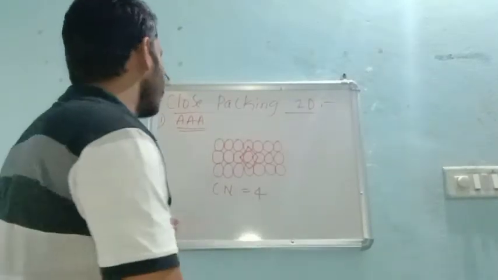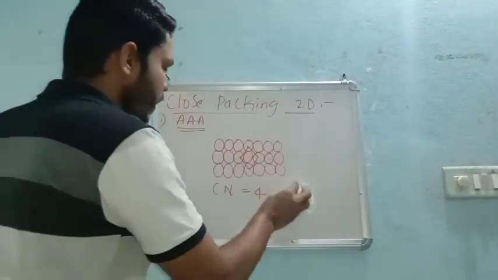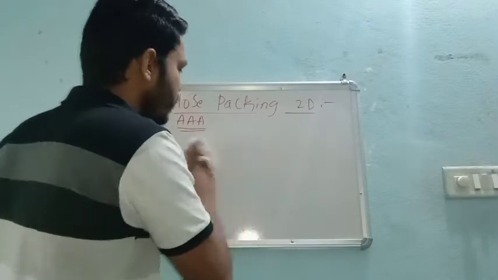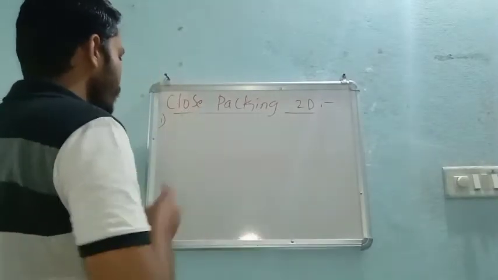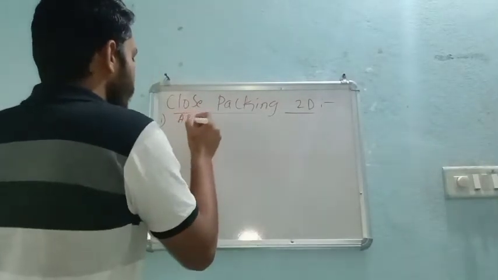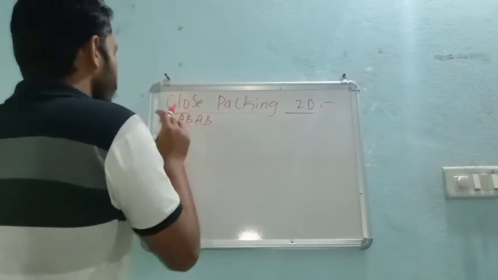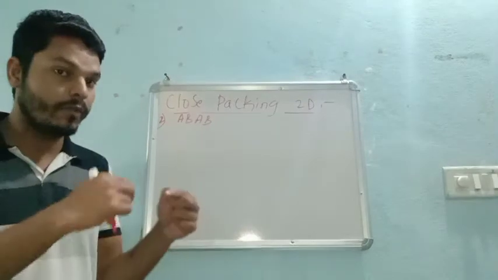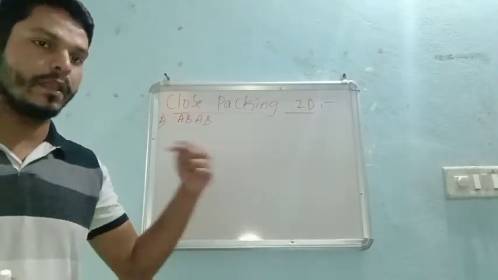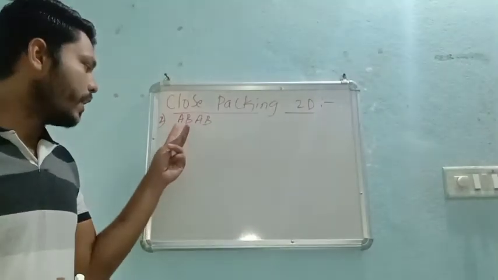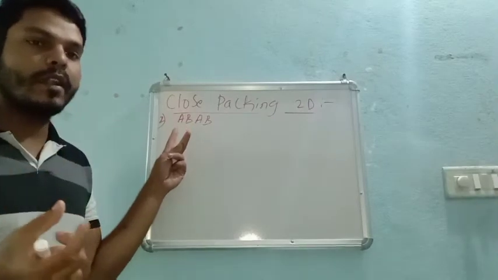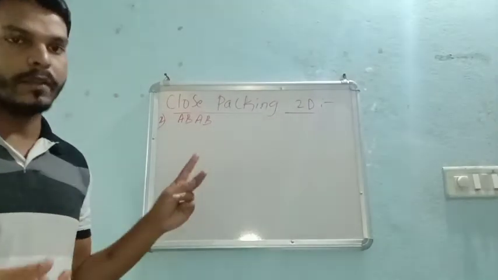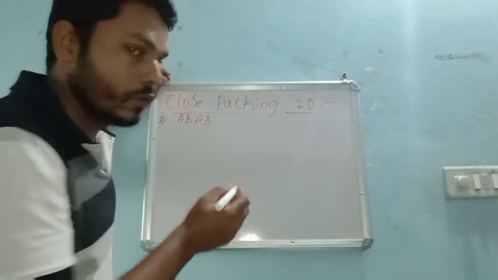So coming to one more type, that is AB type, right? In AB type, A has a different arrangement than B. That is why we are using two letters, A and B. The indication is that A has a little different arrangement compared to B. That is the intention of using two letters.